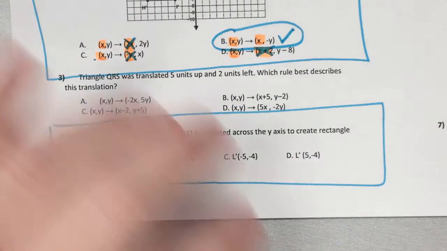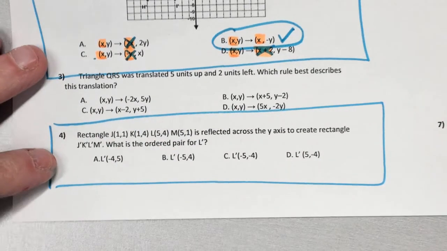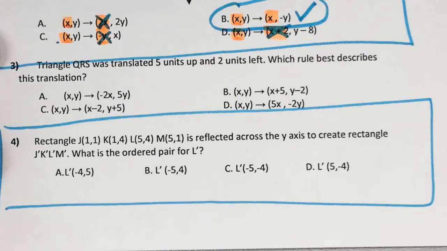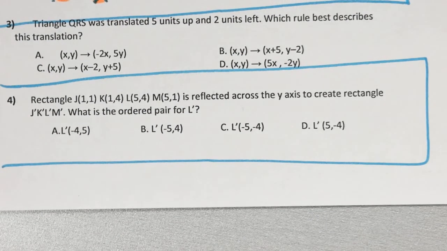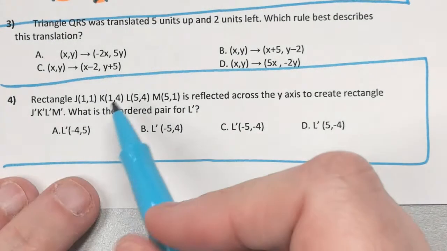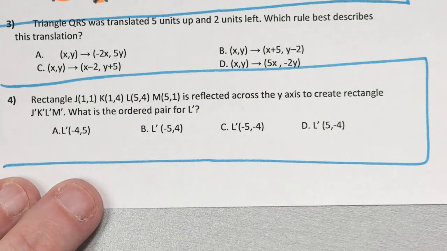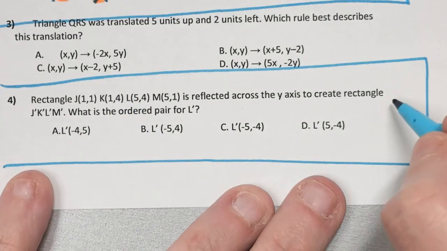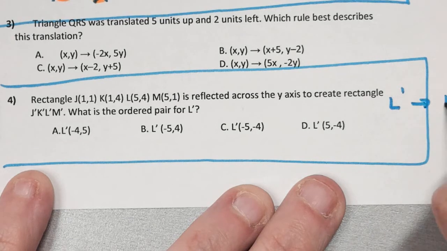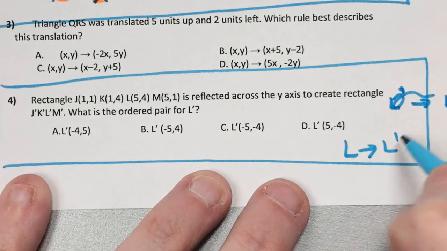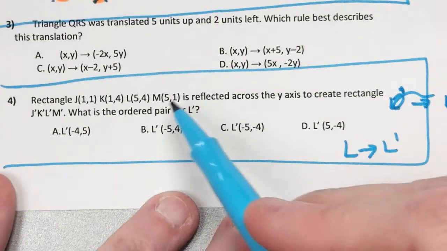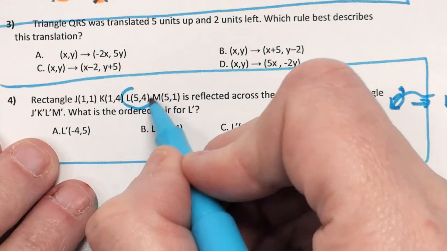All right? So that's one type of problem that we might see. What about this one here? Okay, this guy here. It says rectangle JKLM is reflected across the y-axis to create rectangle J'K'L'M'. So this is the weird one, so that's the one I'm going to point at. All right? So I'm going from L to L prime. Just rewrite that where you can see it. L to L prime. Well, what is ordered pair L? It's right here.